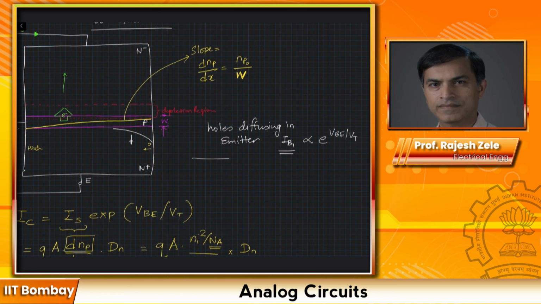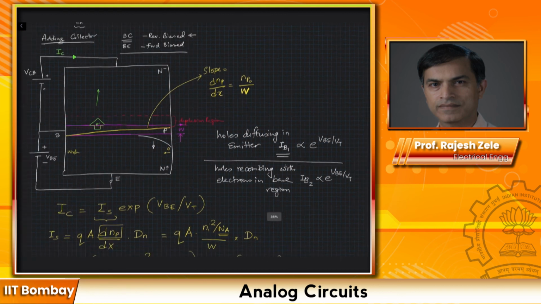The second action that's going on is in the base region, we already have holes and they are recombining with some of the electrons. So holes recombining with electrons in the base region, and that is IB2, base current contribution 2, and that is also proportional to exponential VBE divided by VT, in a similar fashion.